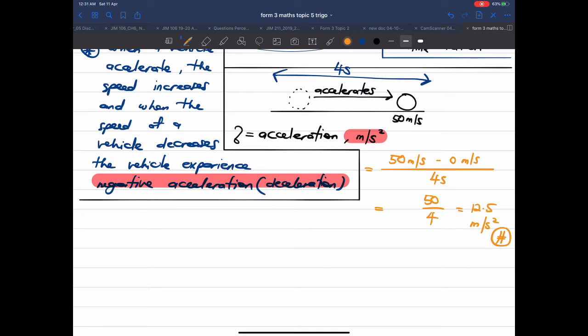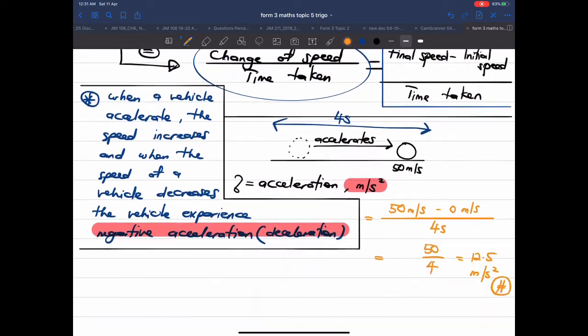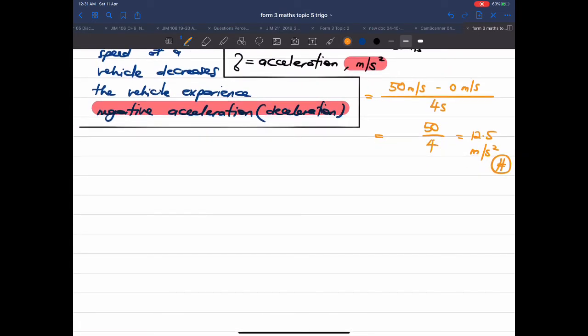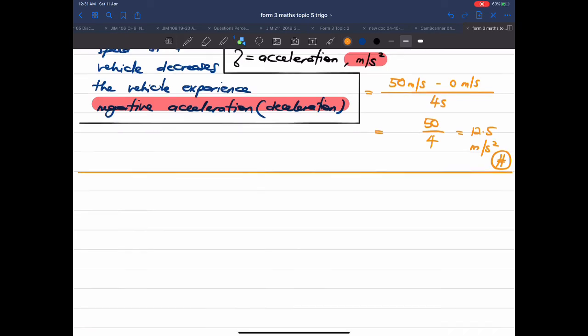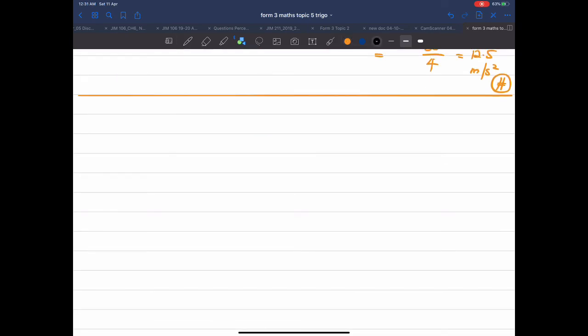Okay, so the next part is about conversion. I'm pretty sure that you all know how to convert a particular unit, but still I'll go through it. So listen.